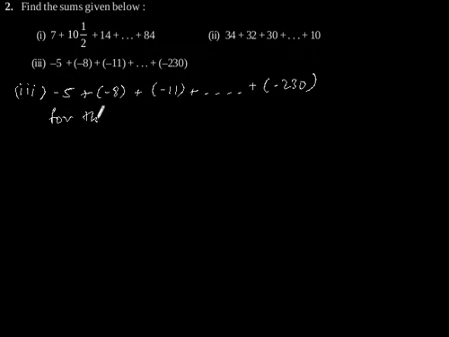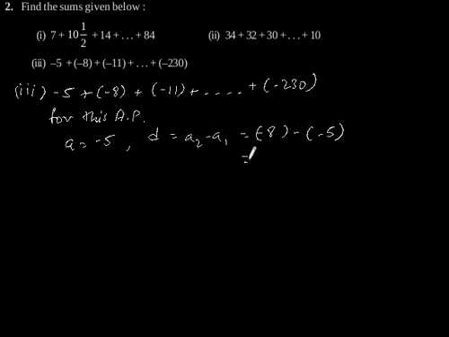So again, for this arithmetic progression, a is equal to minus 5, d is equal to a2 minus a1, which is equal to minus 8 minus minus 5, which gives minus 3, and L is minus 230.